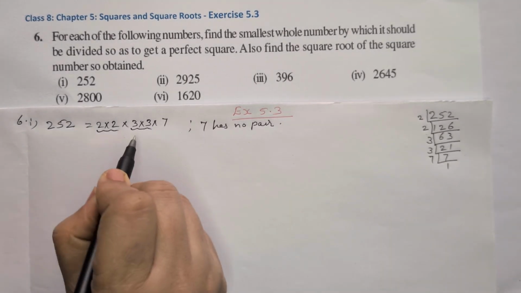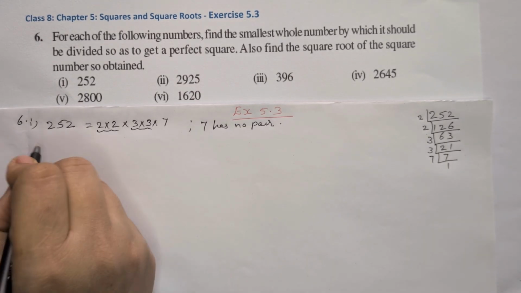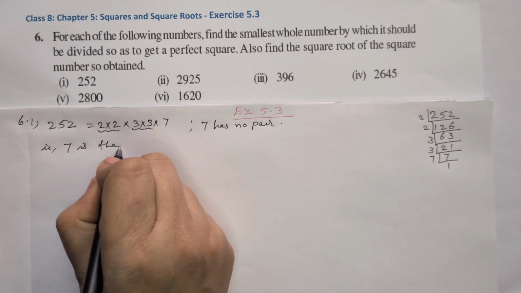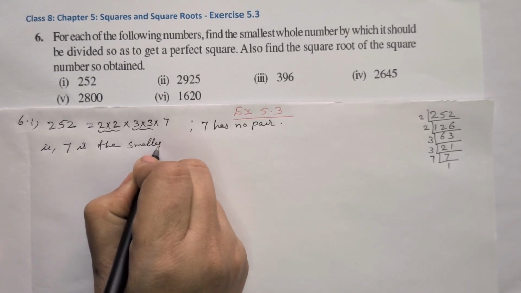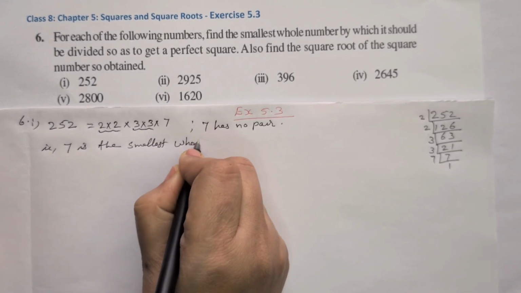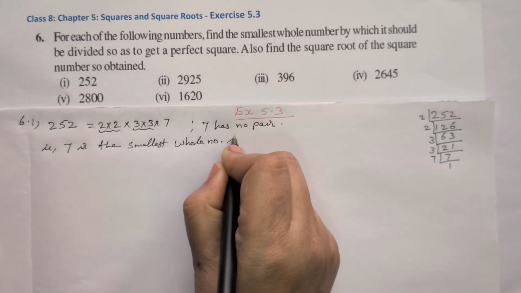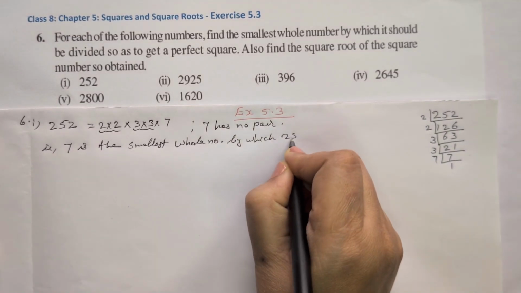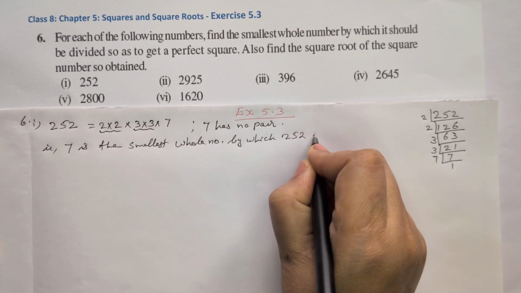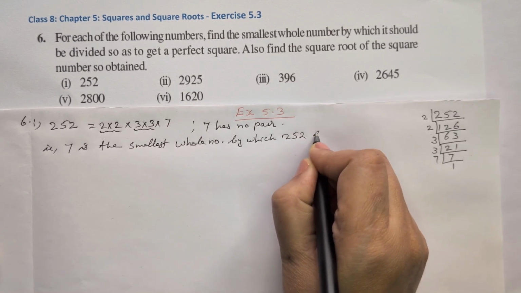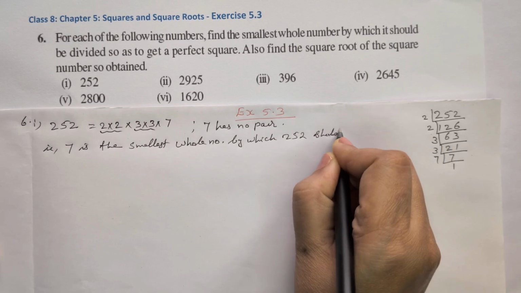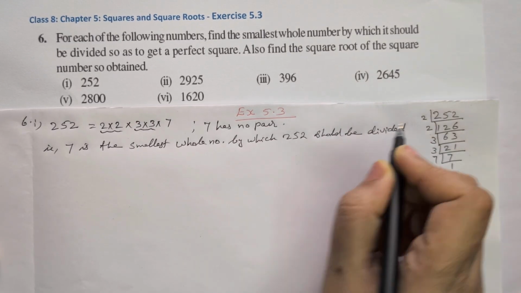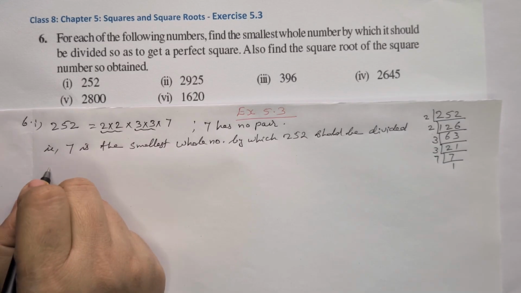So 7 is the smallest whole number by which 252 should be divided to get a perfect square.